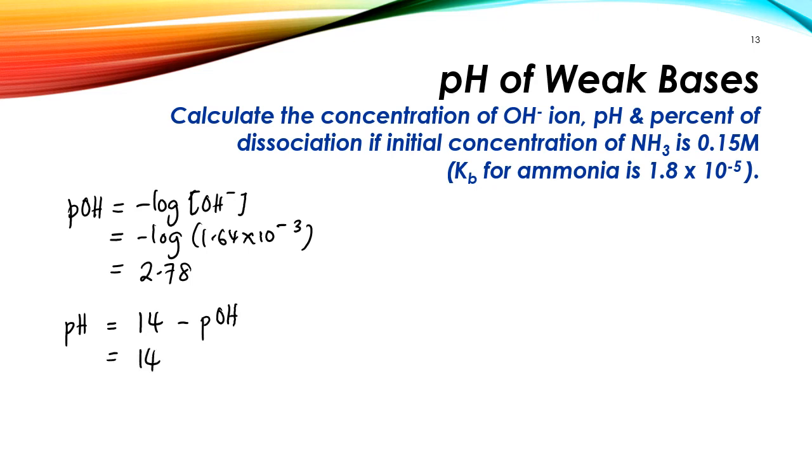So we get 14 minus 2.78 equals 11.22. Alright, so this is the pH obtained.